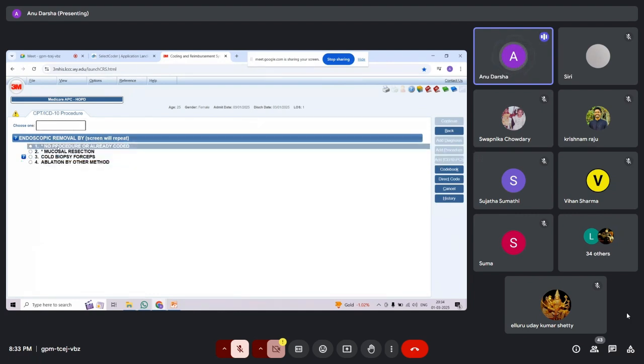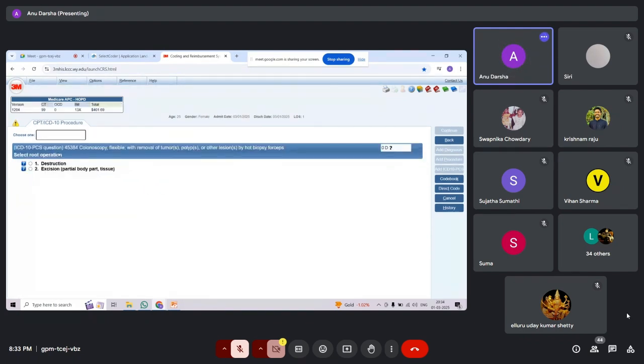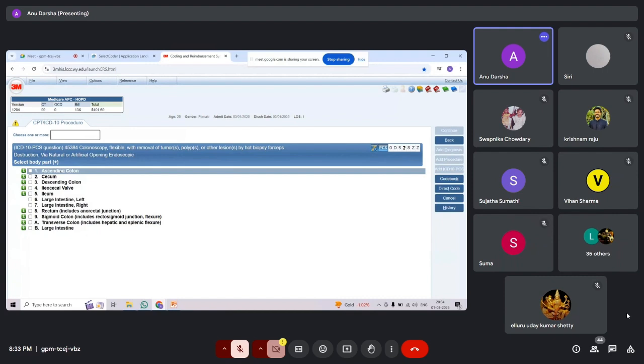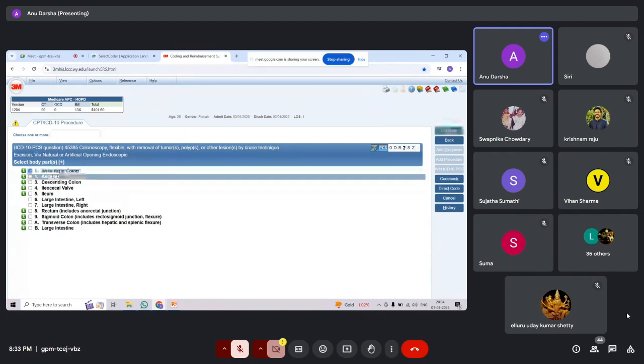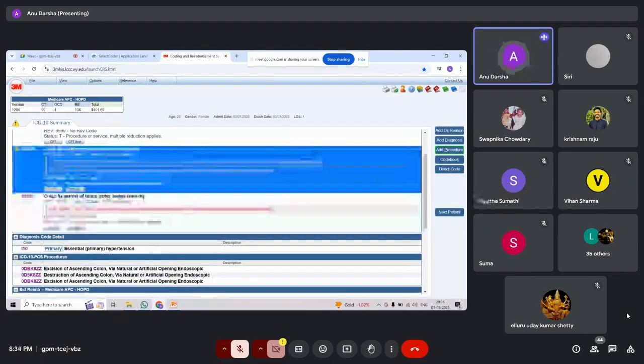Okay, so now both you have selected, then no more procedures. 45384 for colonoscopy, flexible with removal of tumors or polyps or other lesions by hot biopsy. And 45385 colonoscopy, flexible with removal of tumors, polyps or other lesions by snare technique. So these two have to be reported if two they have performed.